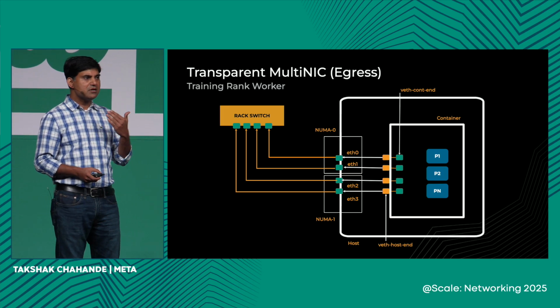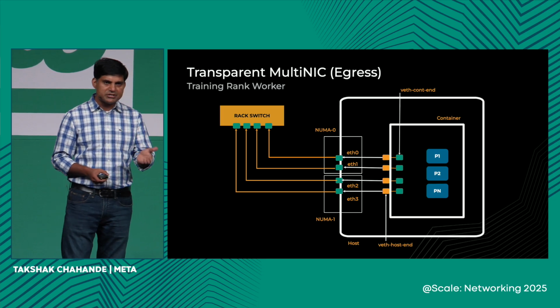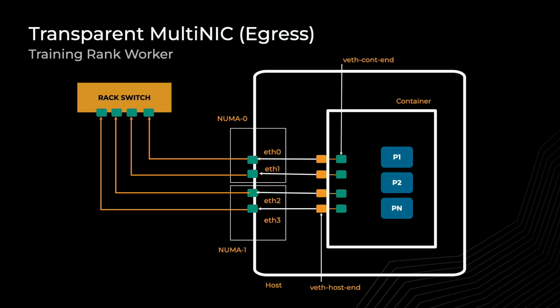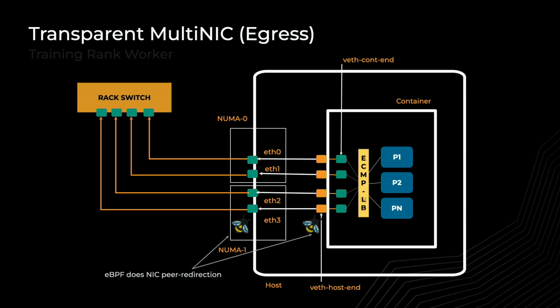Or if the processes don't want to look into what NICs are available, then they can go into our solution, which is ECMP based. It's a simple ECMP setup inside the container with all the NICs having an equal path into it, and that helps to drive the load balancing for the outgoing traffic. The quick part here is we do it at line rate.